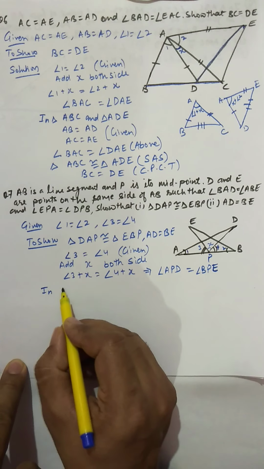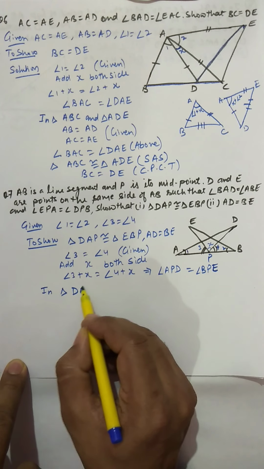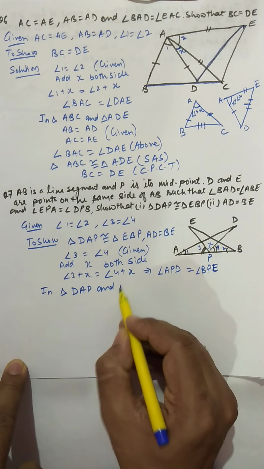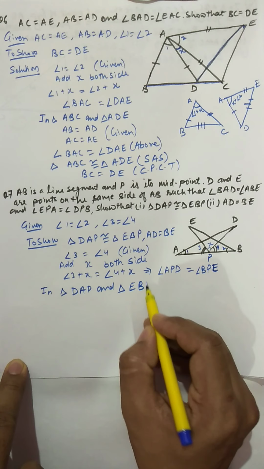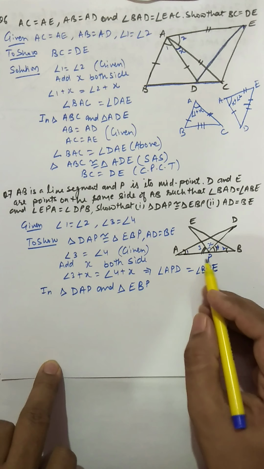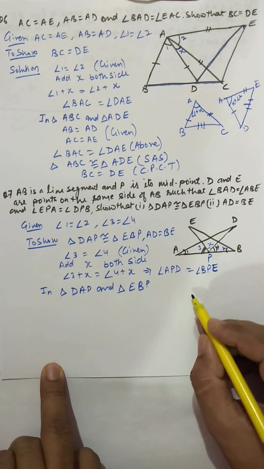So we take triangle DAP and triangle EBP. In triangle DAP, I can make this a separate figure also.